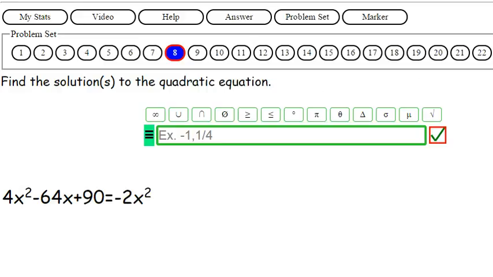So we have 4x squared minus 64x plus 90 is equal to negative 2x squared. Okay. What do we need to do?